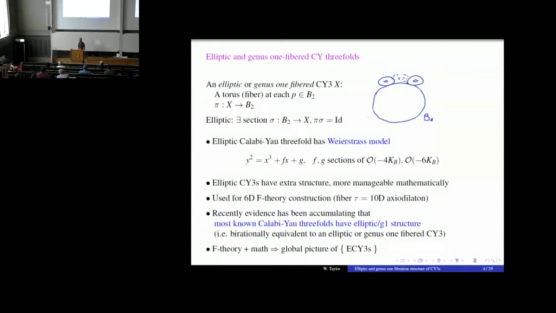So in general, an elliptic Calabi Yau can be described by a Weierstrass model, a simple equation of this form where F and G are sections of certain line bundles over the base. And elliptic Calabi Yau threefolds have a lot of additional structure, which makes them much more manageable mathematically. They're also important in physics because they're useful in the construction of 6-dimensional gravity theories. We use a 4-dimensional elliptic Calabi Yau for a 4-dimensional theory.